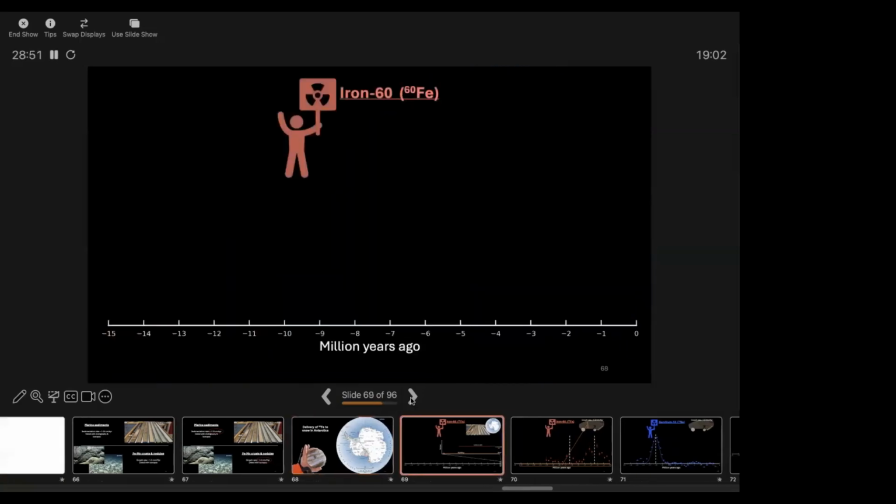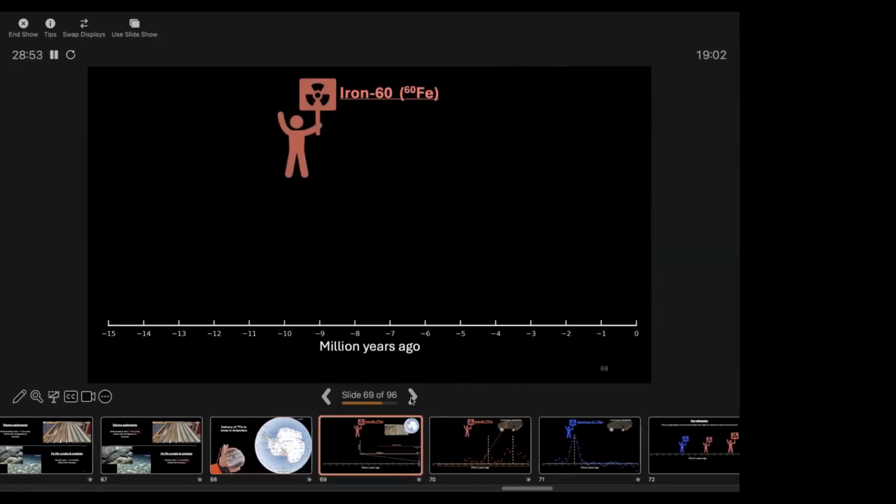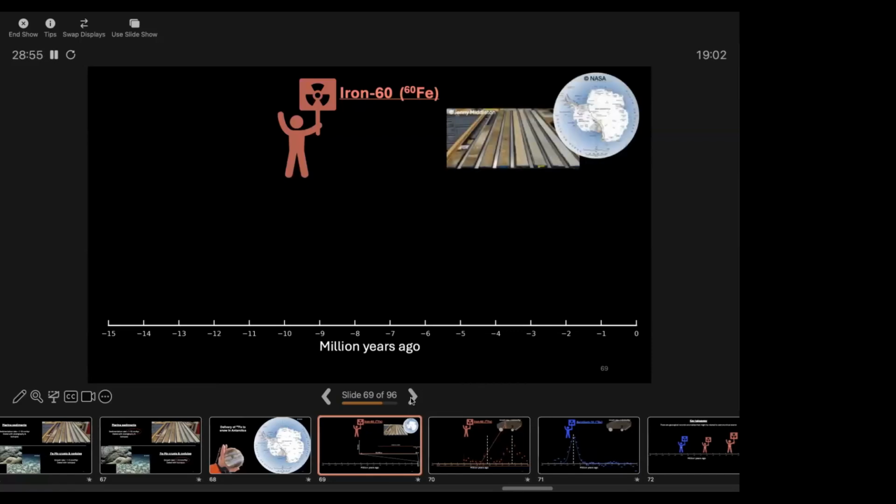And so, what are the results of the studies that people have done? Let's start with the snow in Antarctica and these marine sediments, with iron-60, and with a period very close to us. Here I'm showing you millions of years, but what I would like to talk about first is something very close to us, the last 50,000 years.